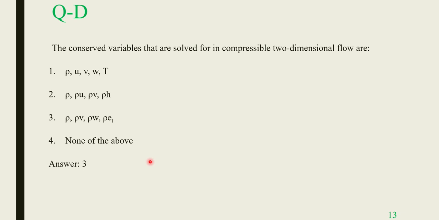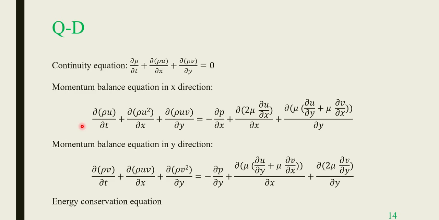So we have four conservation equations, and so we would be solving four variables. Since we are dealing with compressible flow, this option is wrong. So it is rho u, rho v, and since we are dealing with the energy conservation equation, rho Et. So option 3 is the right answer.